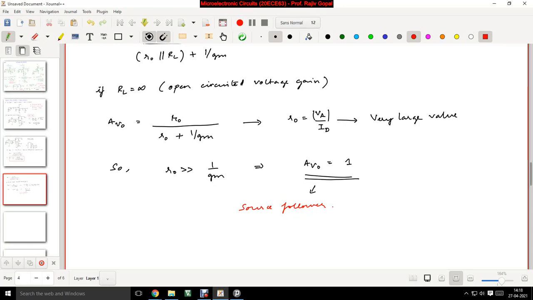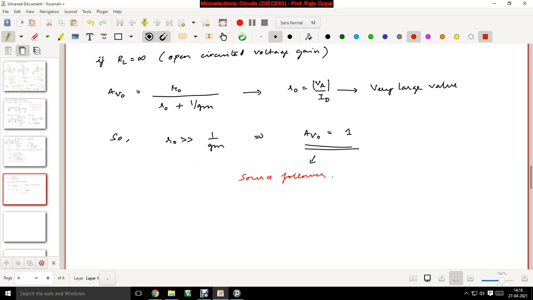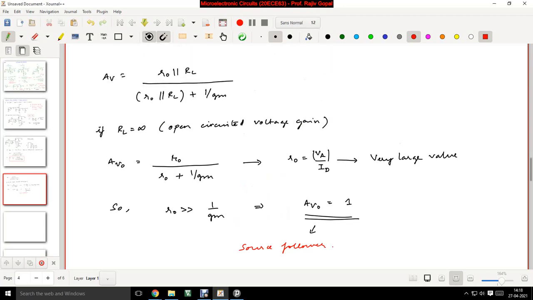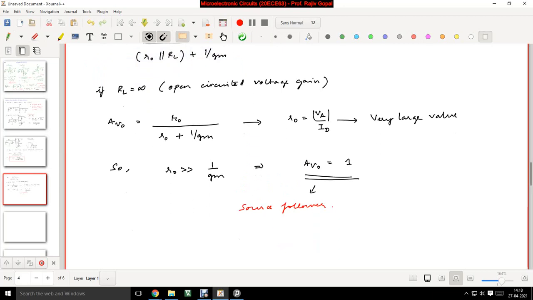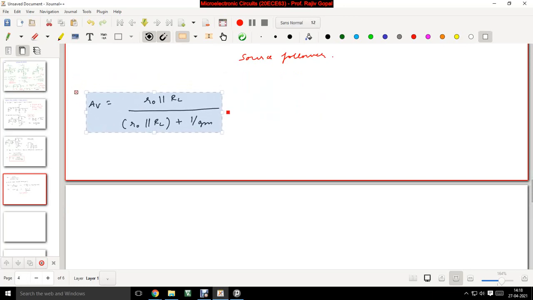But if you come back to the original AV expression, copy, paste it here, now there is another issue.